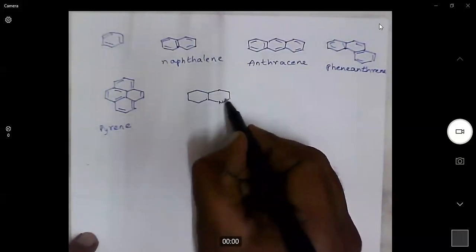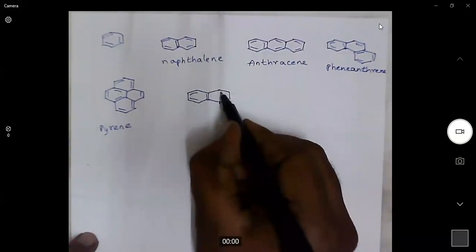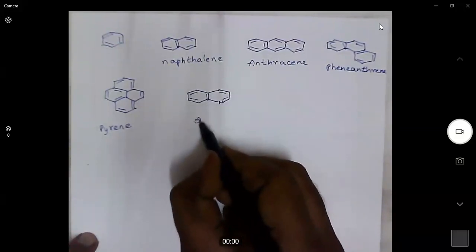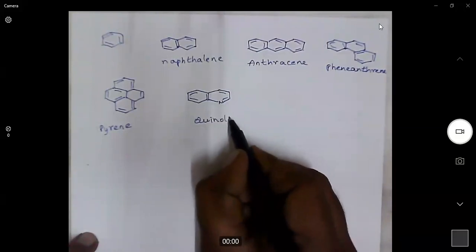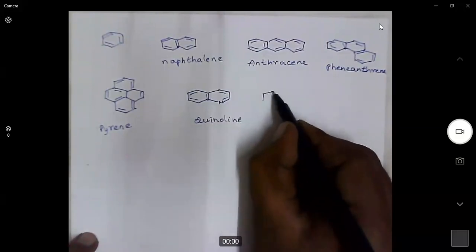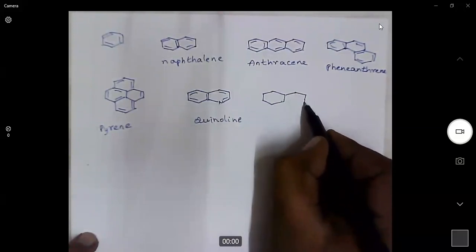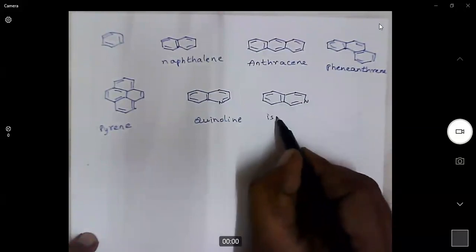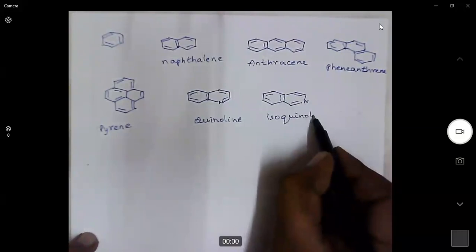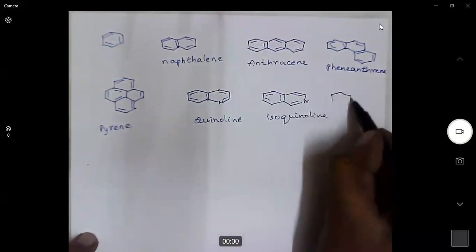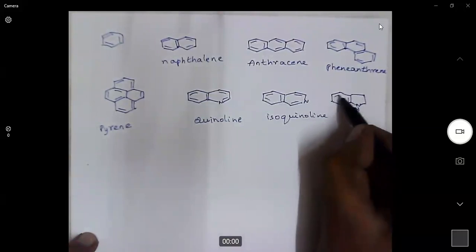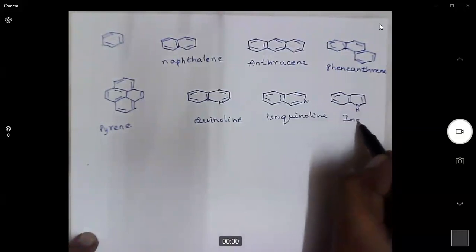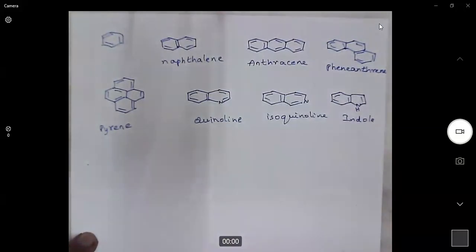If in the two rings there is a nitrogen atom, it is called quinoline. If the nitrogen atom is in the next position, then it is called isoquinoline. If the nitrogen atom is part of a 5-membered ring, then it is called indole. These are some of the examples of aromatic compounds.